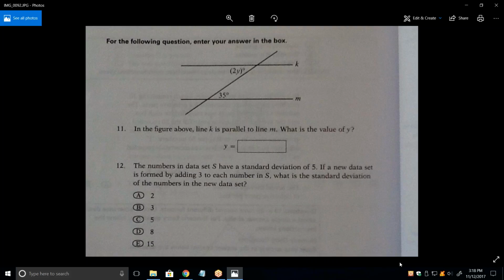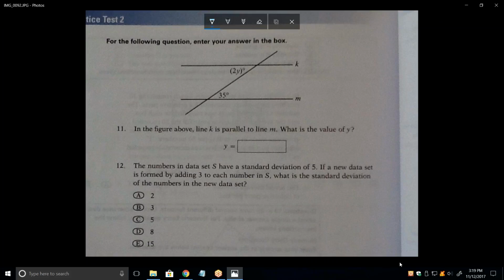This is fairly straightforward. This is a concept that's extremely important in all tests also, just like exponentials: having 2 parallel lines and a transversal.